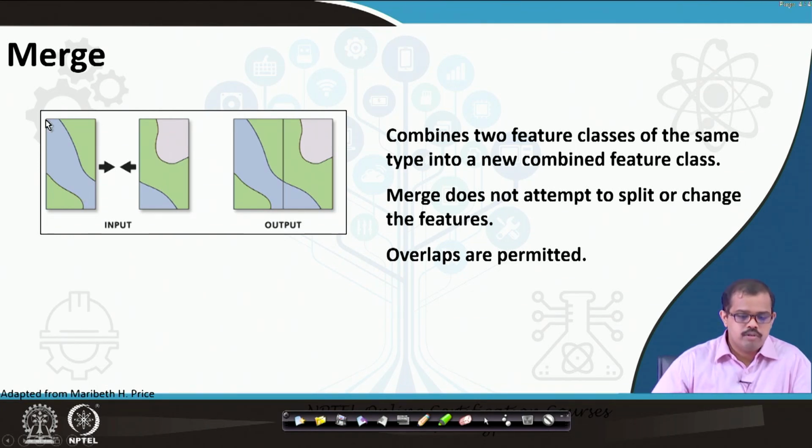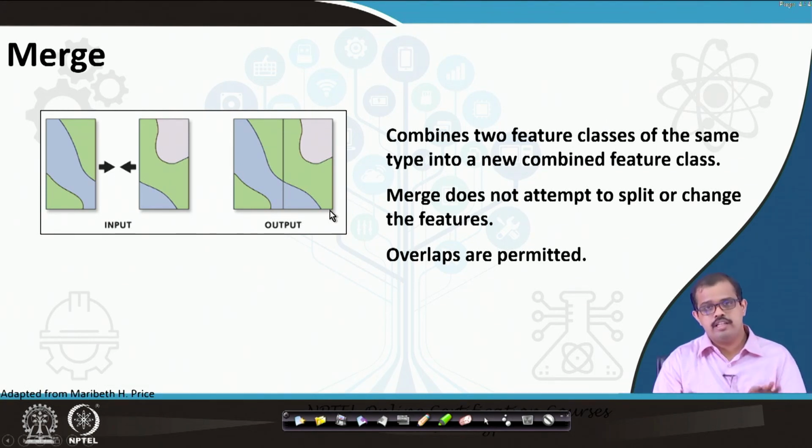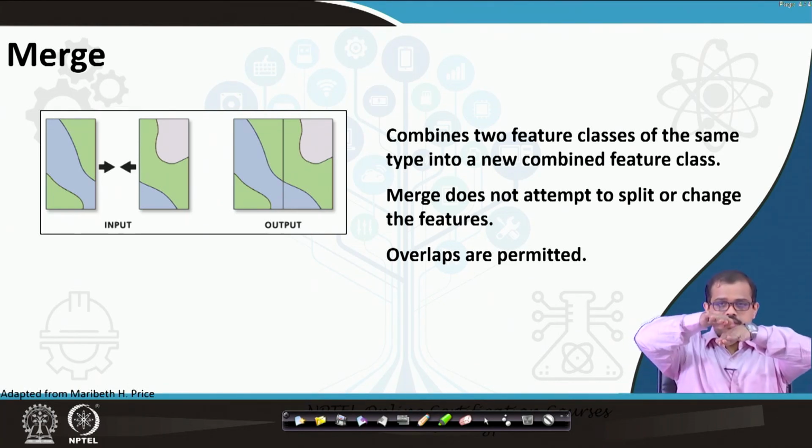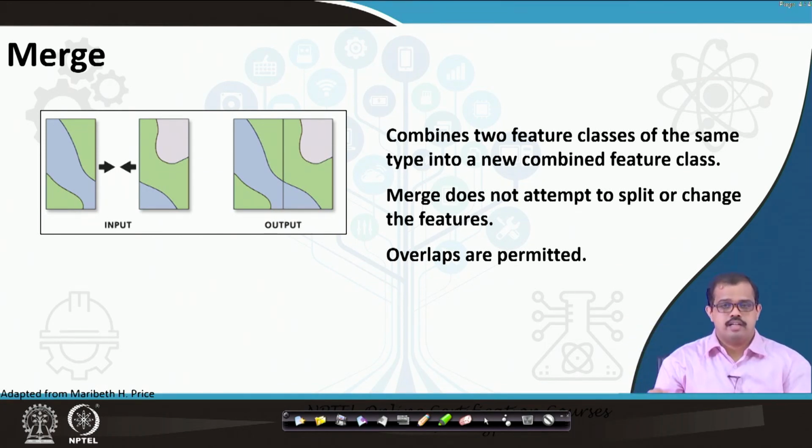So you input both map A and map B, and then use merge. It looks at the common boundaries. If there is an overlap, for example, this image is covering this area and the other image is covering more area than the previous one on the left hand.